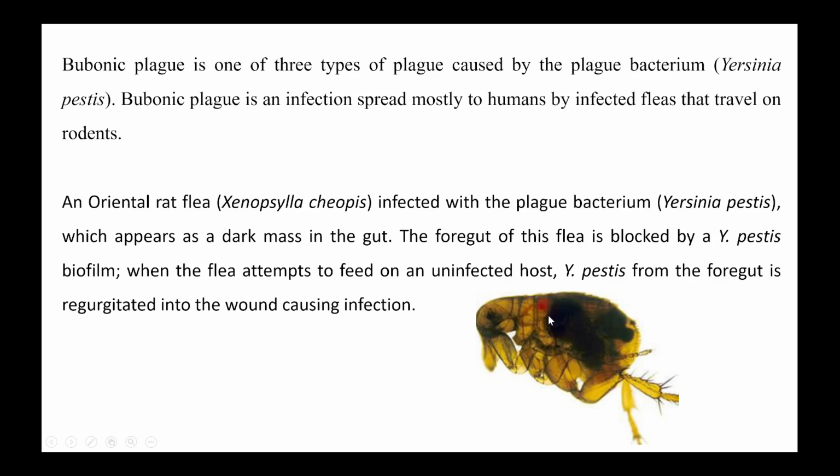The bacteria present in the foregut moves from the insect to the host, and that's how the disease spreads to humans. Okay, I hope that's clear.